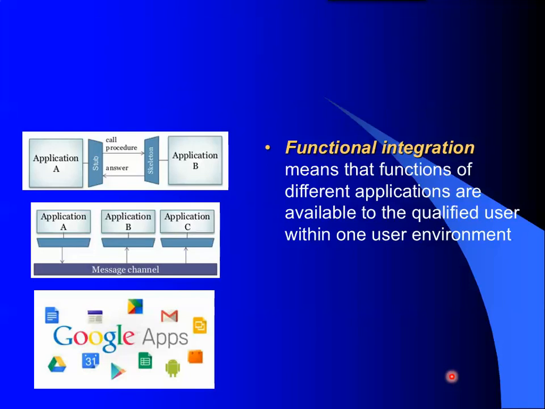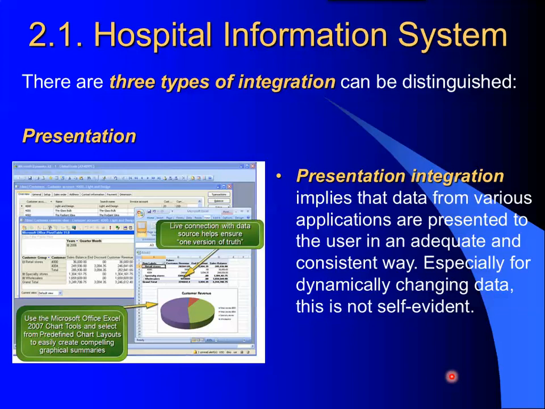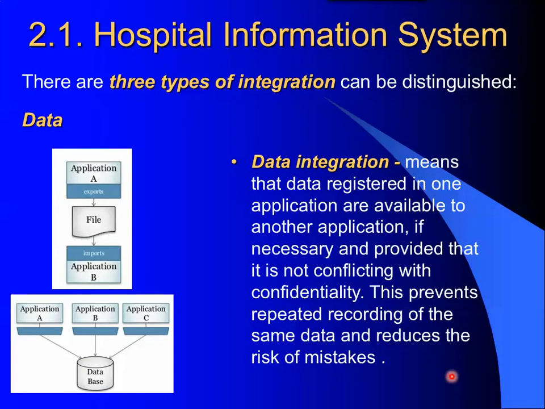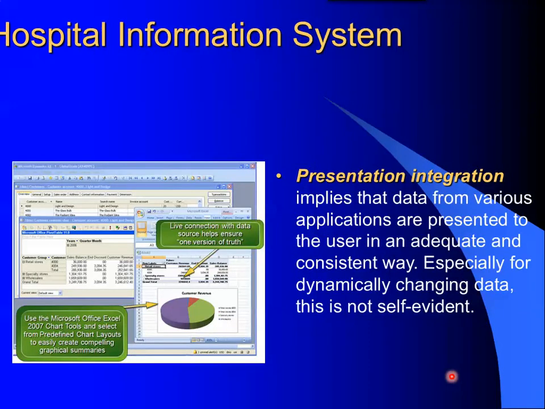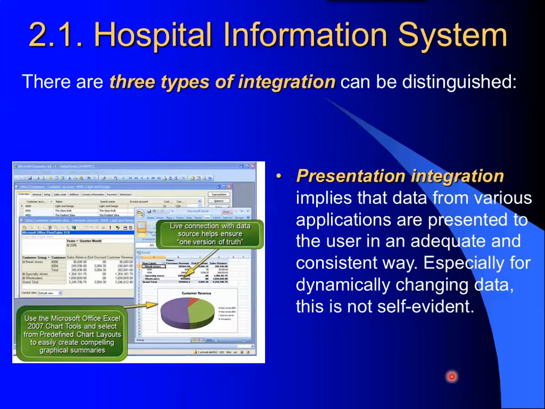But here again we have presentation integration as well. And we even have data integration this time, because you register only one time, and different services, email and drive, are accessible to you with very similar interfaces. And you can even put an attachment from your drive into your email.